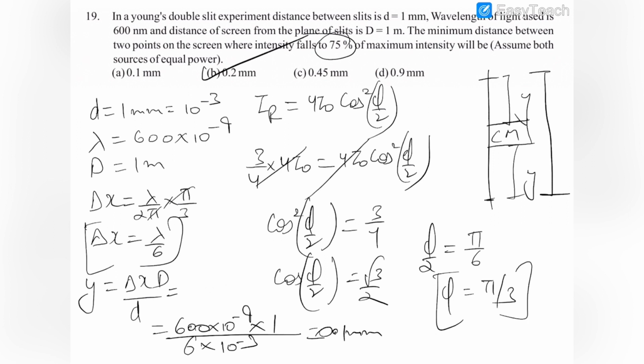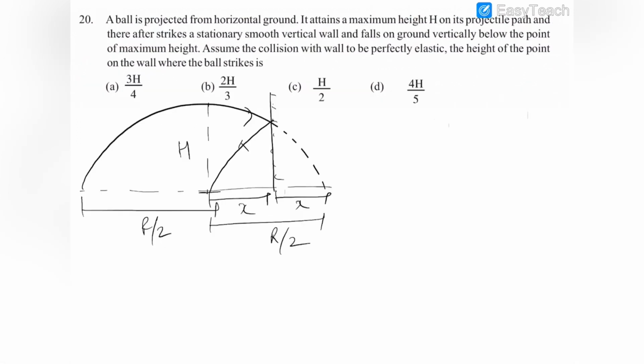Now we move on to the next question. In this question, you can see that a ball is projected at some angle from the ground. It hits a vertical wall, and this collision is perfectly elastic.